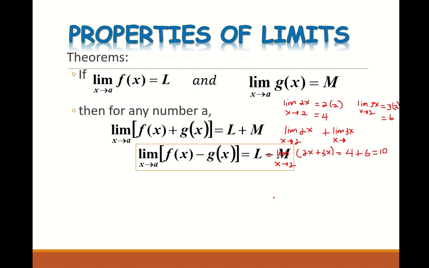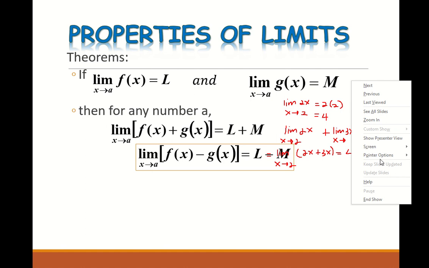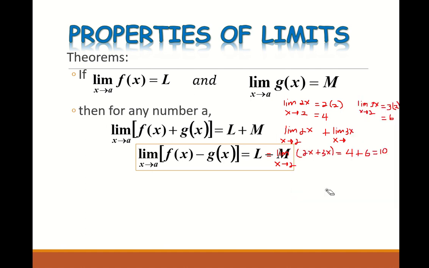The one above is plus, so if you have plus, you just sum up the limits. If this is minus, you just subtract the limits. So I will erase this part so you can see it clearly.